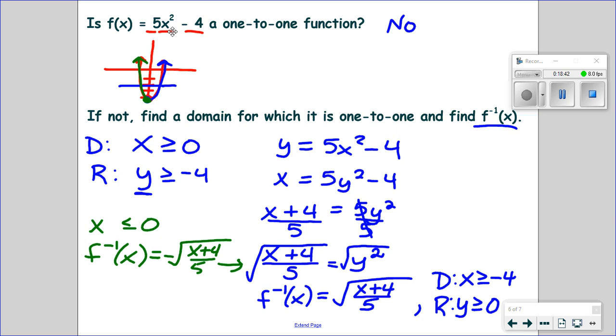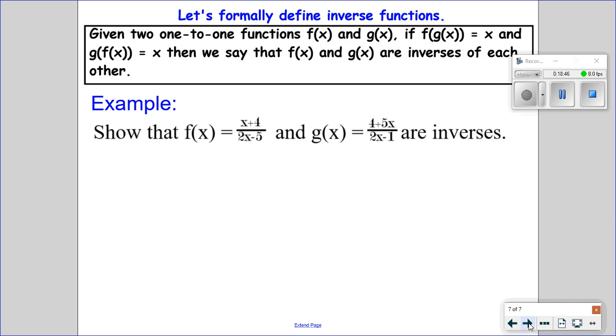Okay, now, you guys, if we can put all of this together, we get a formal definition for inverse functions. So here it is. Given two one-to-one functions, f of x and g of x, if f of g of x equals x, and g of f of x equals x, then we say that f of x and g of x are inverses of each other.